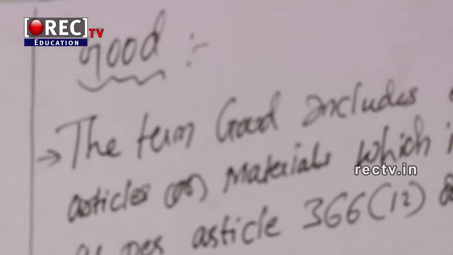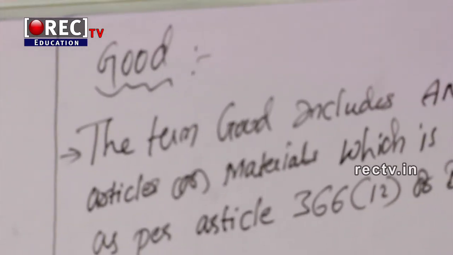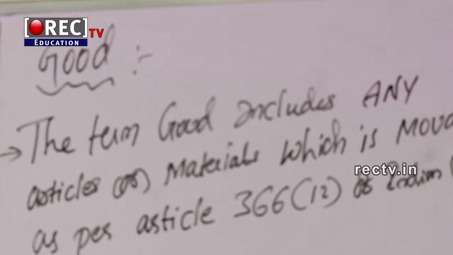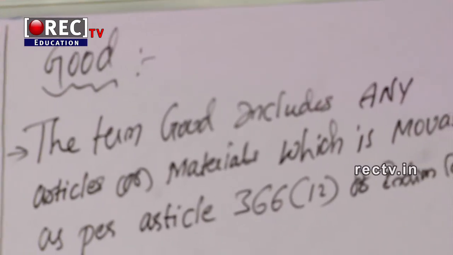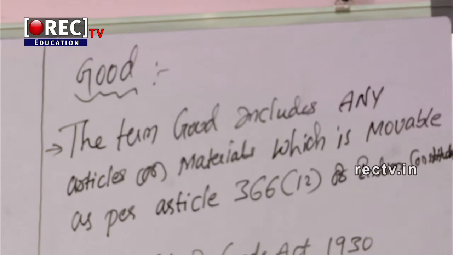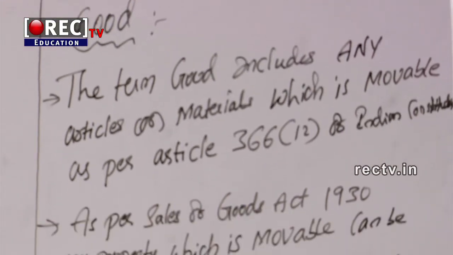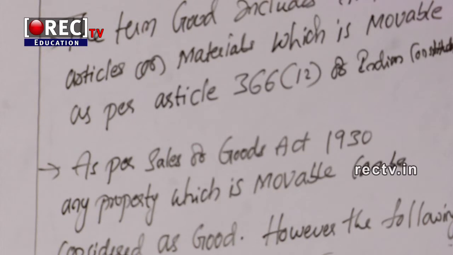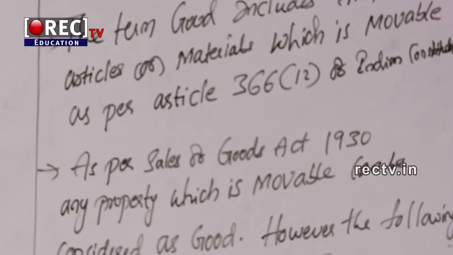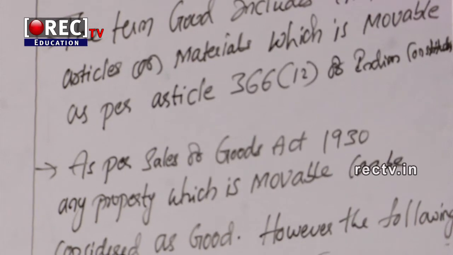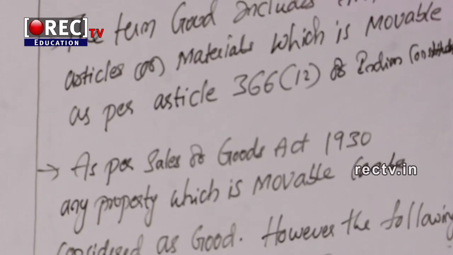The term goods includes any article or material which is movable, as per Article 366 sub-section 12 of the Indian Constitution. As per the Sale of Goods Act 1930, any property which is movable can be considered as goods.